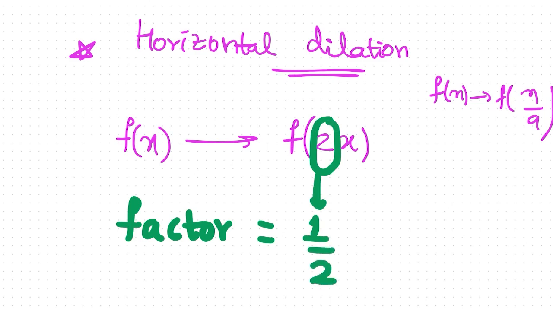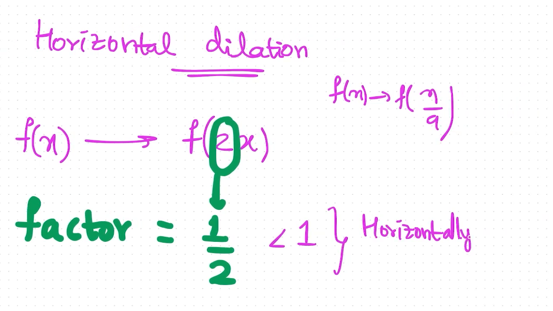Reciprocal. So for 2, it's 1/2. Is it greater than or less than 1? Less than 1. So that means the graph undergoes horizontal compression.